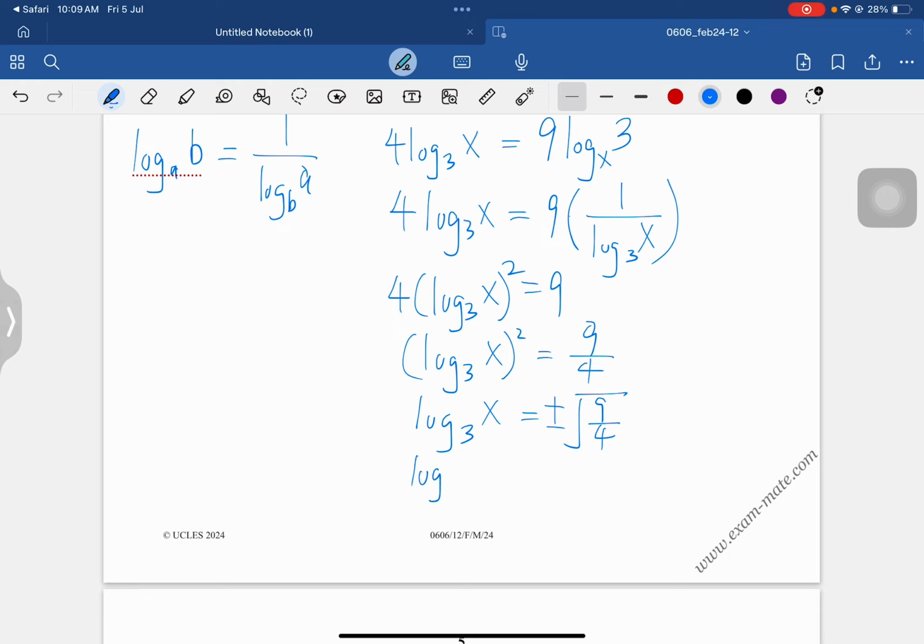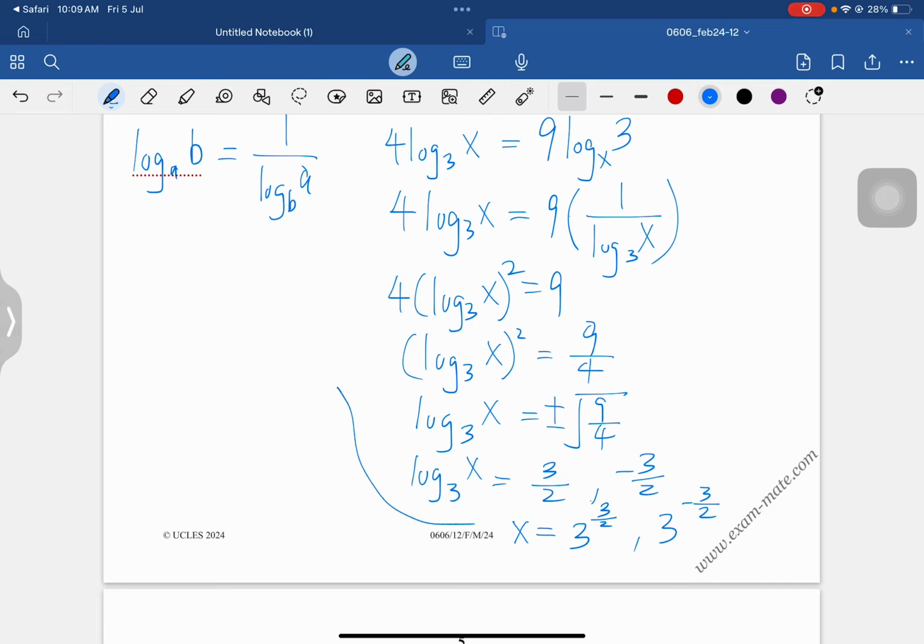So log x base 3 will be equal to 3 over 2 or minus 3 over 2. So remove the log. x is going to be 3 to the power of 3 over 2 or 3 to the power of negative 3 over 2.